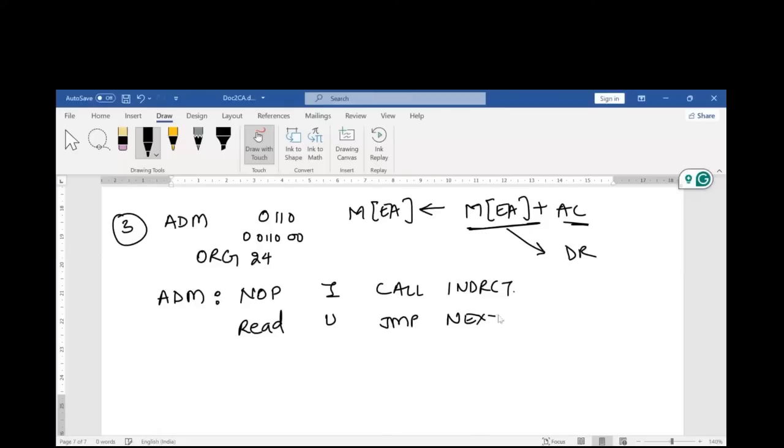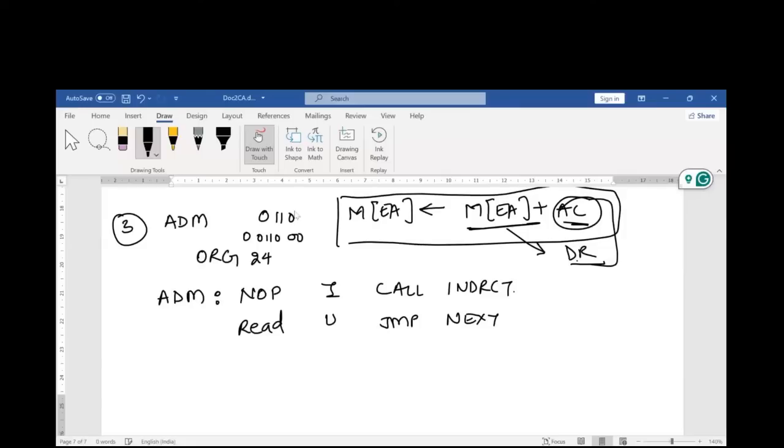Now my operand is in DR. I can simply perform the add operation. But in this question, it was also mentioned that the content of AC should not change unless asked. So in this case, here, do we need to change the content of AC? No. So what will I have to do? I'll have to first preserve the content of AC.